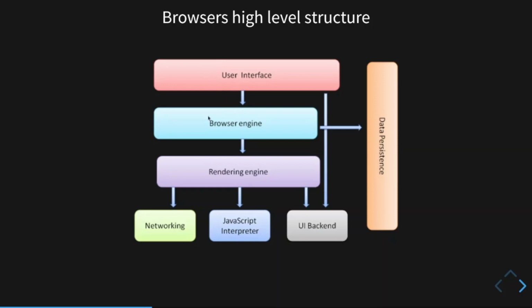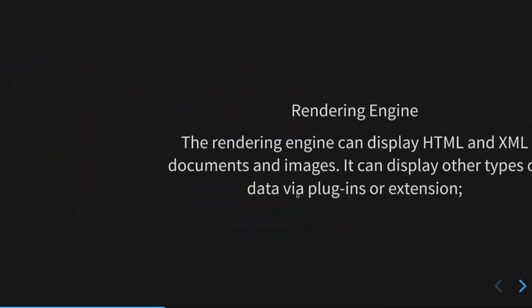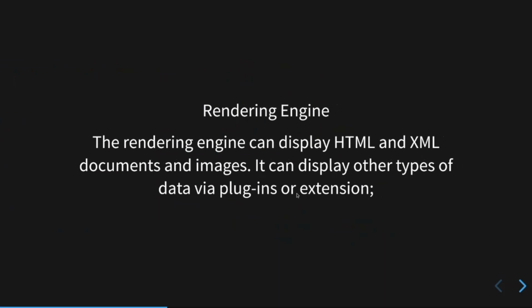Inside of it, we have a browser engine, which can go to data persistence. And inside the browser engine, we have a rendering engine, which has three parts: networking, JavaScript interpreter, and UI backend. So let's start with the rendering engine.